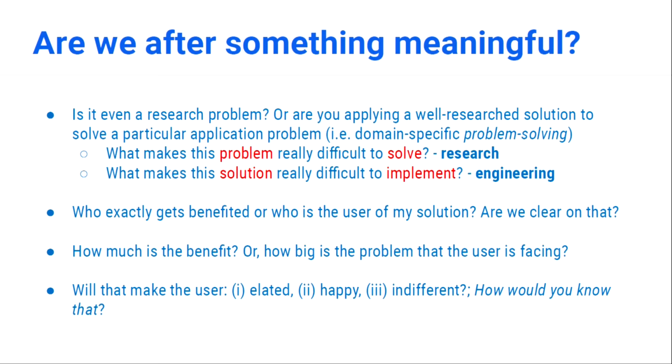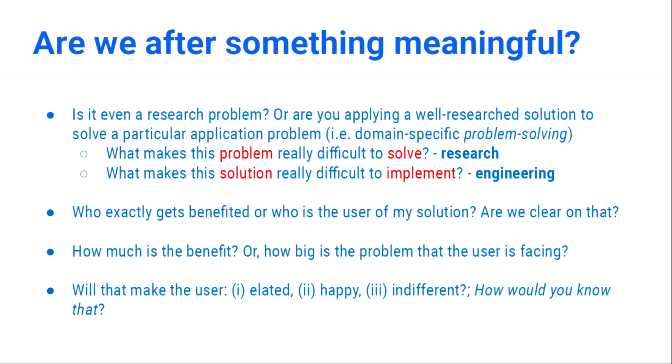In contrast, if you're putting your brain into what makes this solution really difficult to implement, so you have a solution and to scale it up, make it more robust, and fit it into a particular application, you really need to think hard about the design, the architecture, and how you fit into the infrastructure, that would be engineering, okay? So beware of this first. Don't choose something thinking this is a research problem when it's actually an engineering problem. Many people make that mistake.